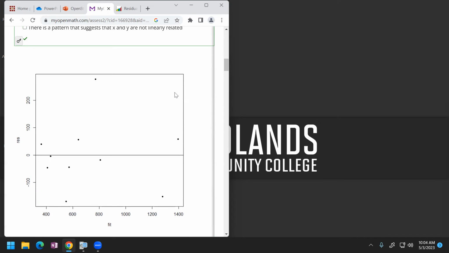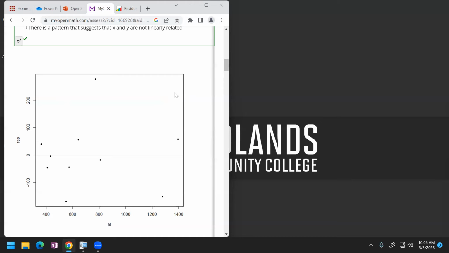It should be y minus y hat. And the horizontal axis should be the independent variable. So in our case, the number of stories in these buildings. And that is not the number of stories in this building. And I'm not sure what that is, but the points look pretty much like the residual graph.